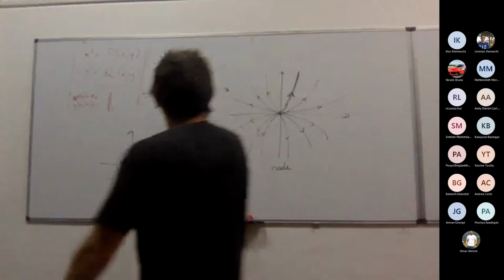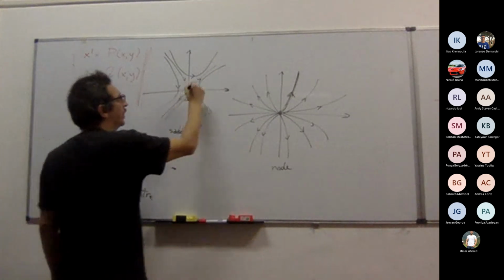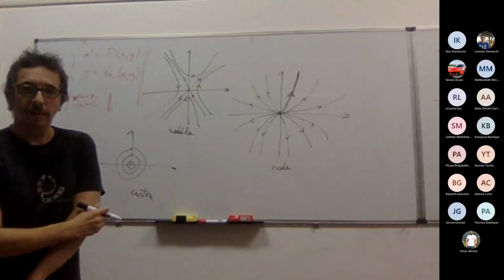These are going to be two lines. We will see in a moment an example of saddle, okay?